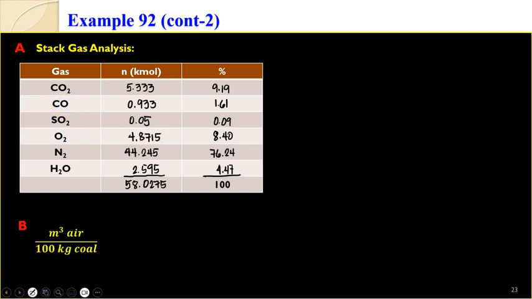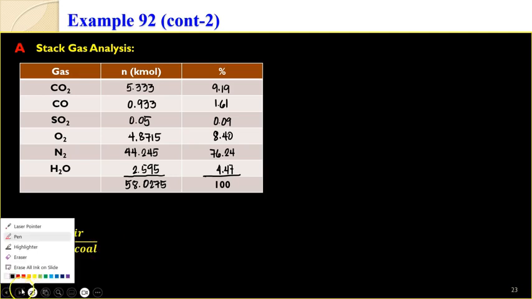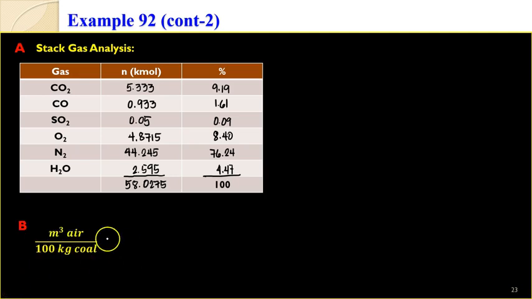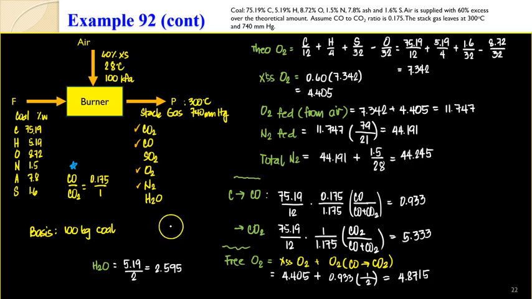Next, you're being asked to solve for the cubic meters of air per 100 kilograms of coal. So air is composed of oxygen and nitrogen here. So the air is basically just the N2 from air, or N2 fed, and then the oxygen from air.